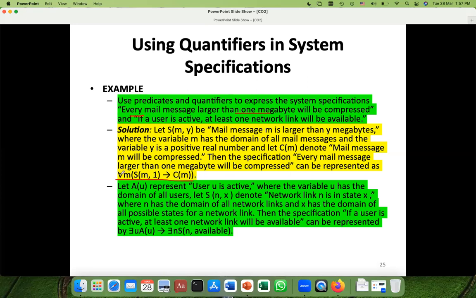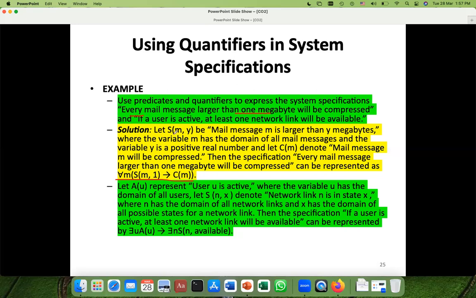So this universal, for every, and this M is for mail message. Mail message larger than 1 megabyte. So here you are saying mail message M, if it is larger than 1 megabyte.